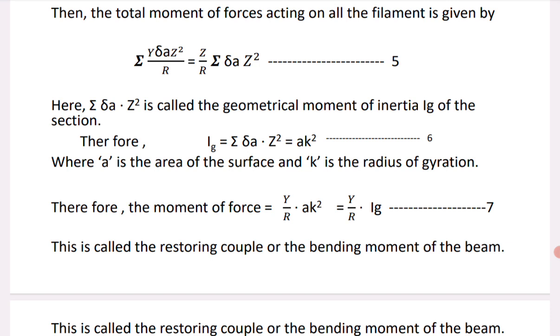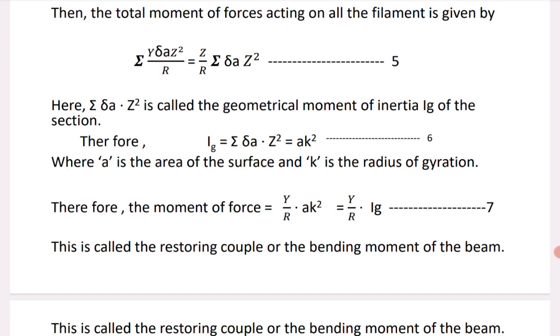Here sigma delta A Z square is called the geometrical moment of inertia Ig of the section. So the geometrical moment of inertia Ig is equal to sigma delta A Z square, which is equal to A K square, where A is the area of cross section of the beam and K is the radius of gyration.